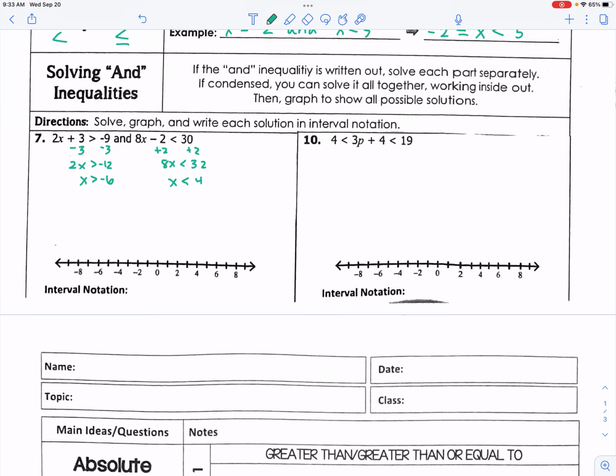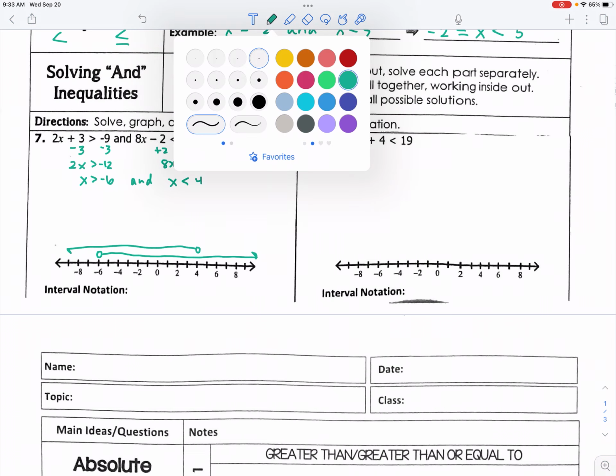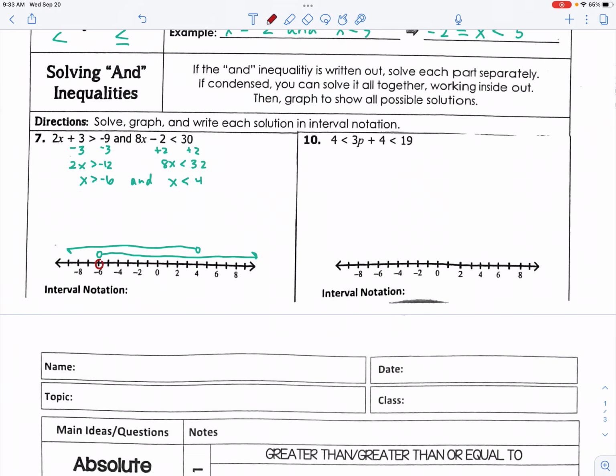When I graph this, I want my x's to be greater than -6. So starting at -6 here, we're going to go to the right. And the x's also need to be less than 4. So the overlap is from -6 to 4 and in between.